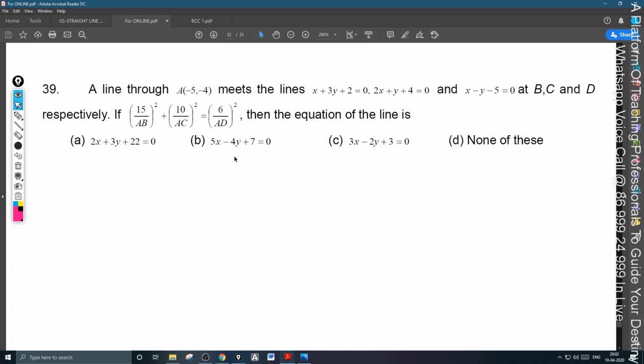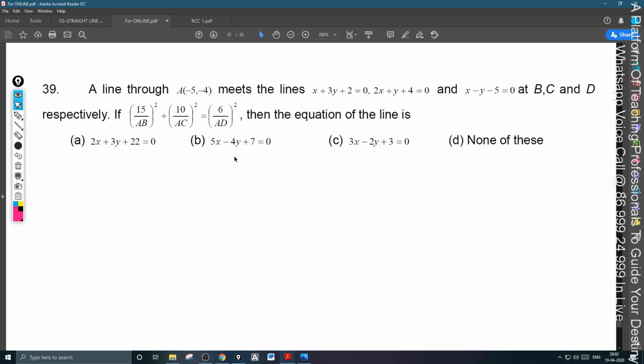First option. We have got that to be the first option, 2x plus 3y plus 22 equal to 0. So, that much conceptual is the problem here.